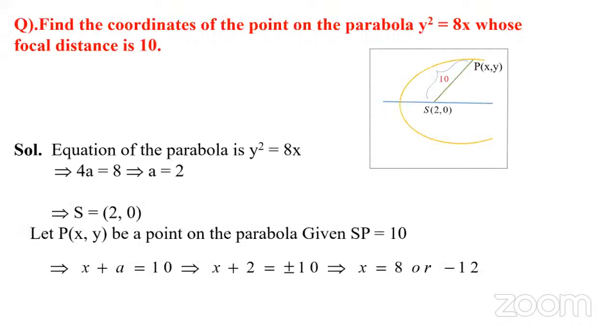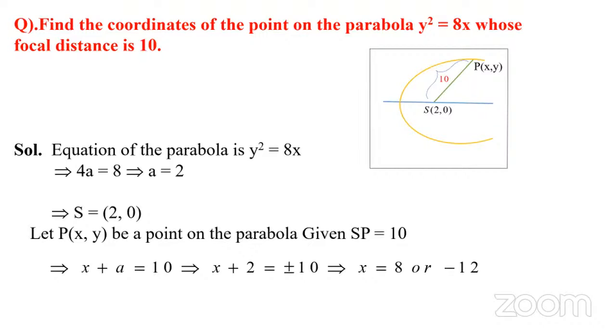just substitute this value. y square equals 8x, which means y square equals 64. Then y equals plus or minus 8. If you substitute x equals minus 12, you will get an imaginary value.